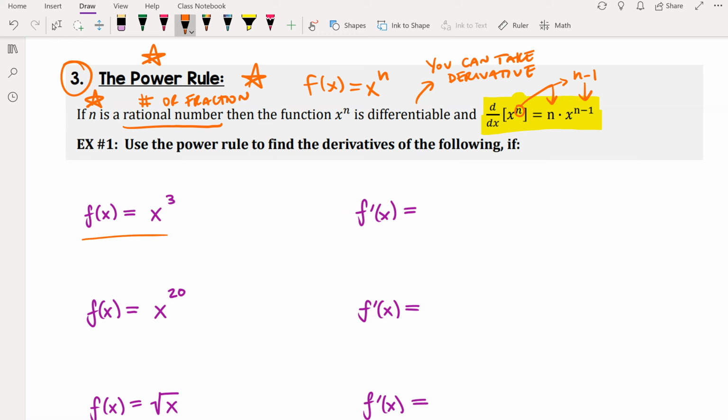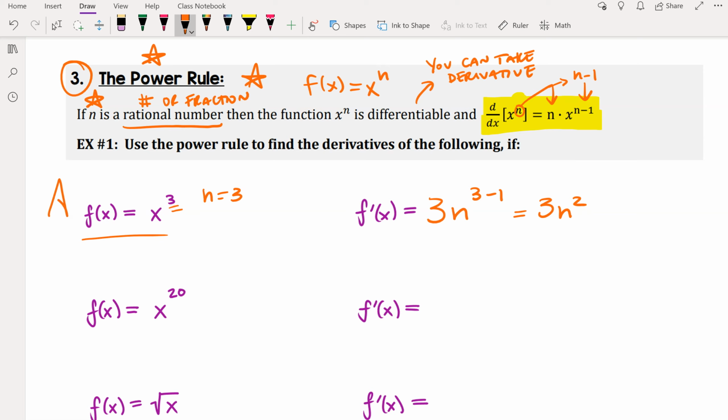Okay, so we're going to start with this problem. f of x equals x cubed. f prime of x. Well, first of all, n equals 3 here, right? That's the exponent that our x is being raised to. So the derivative of f will be, take that 3, put it out in front, 3, and then x to the 3 minus 1, which equals 3x squared.